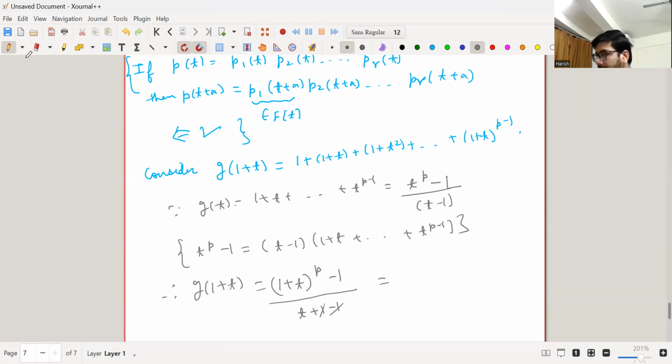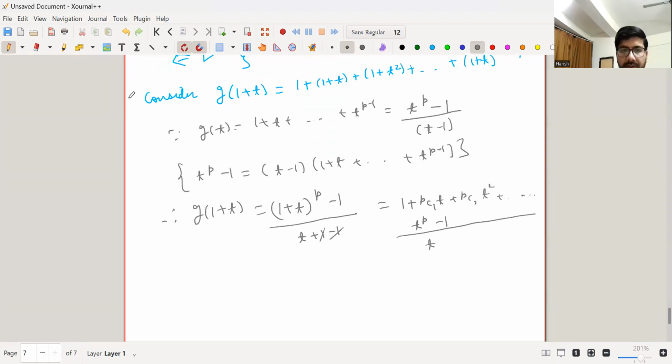Now, using binomial expansion, what you will get is 1 plus pC1 t plus pC2 t squared, and so on, up to the last term t^p, minus 1, divided by t.